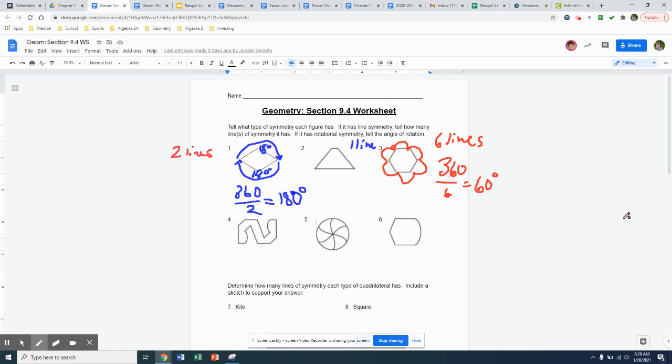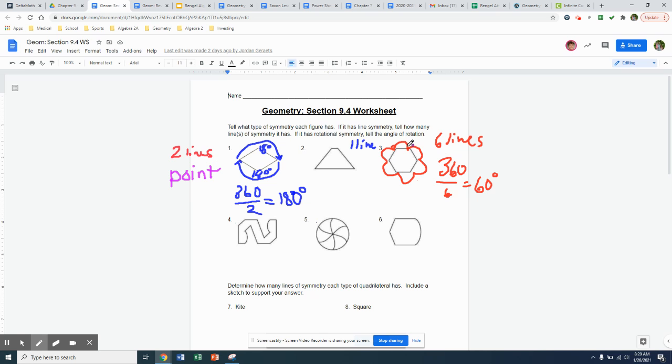The other type of symmetry that is introduced is called point. Point symmetry is any time you can rotate something 180 degrees and it's still got that symmetry. So just going back to example 1, since this one did have 180 degree symmetry, this one also has point symmetry.